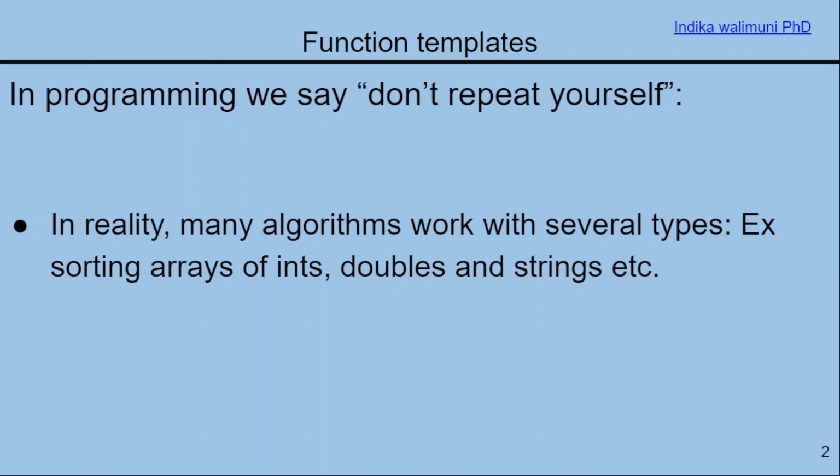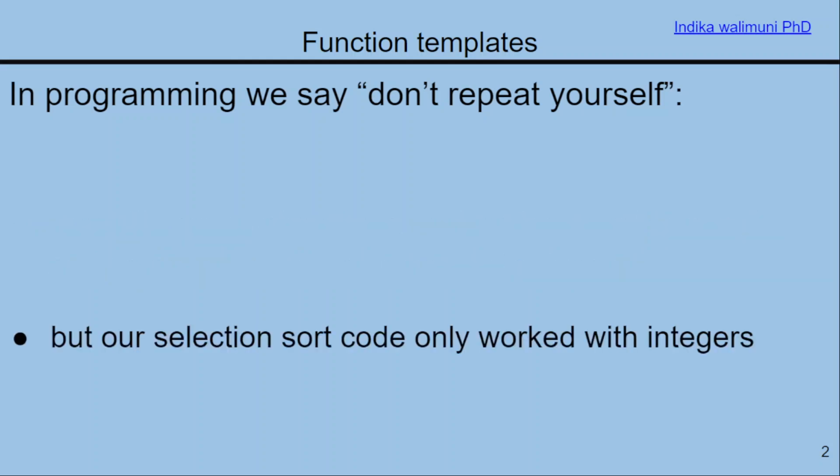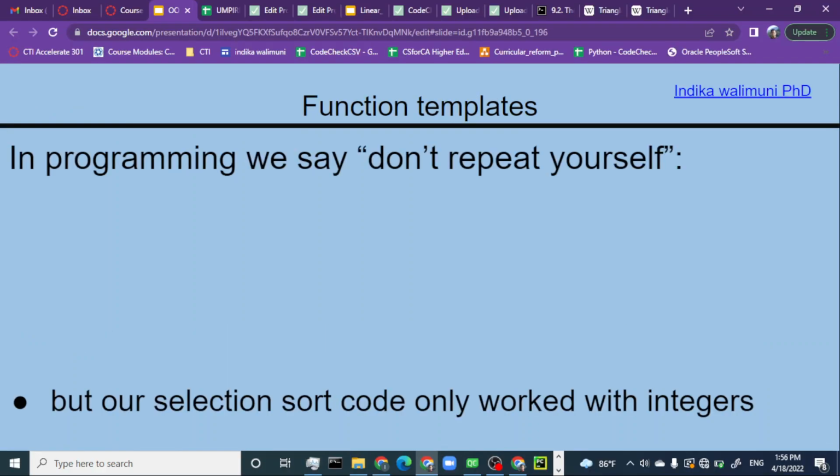For example, we can sort an array of ints, we can sort doubles, we can sort strings. We know that our selection sort worked only with integers. So let's take a quick look at that.